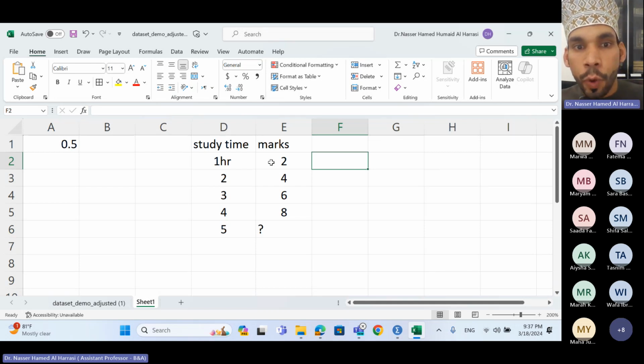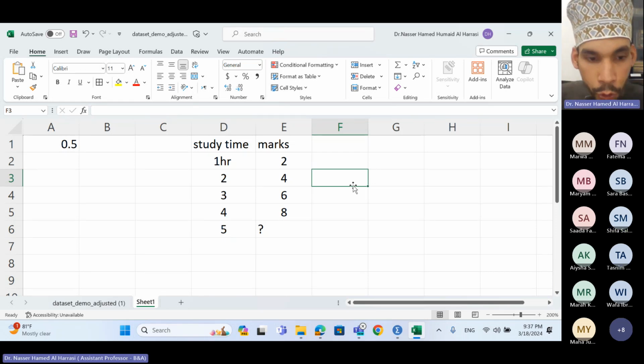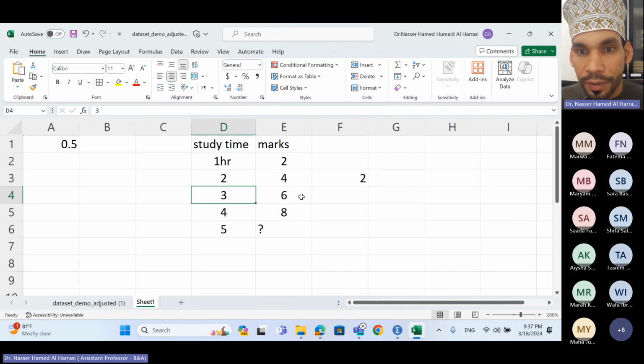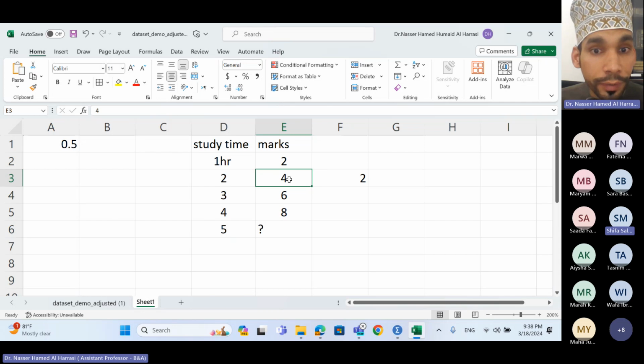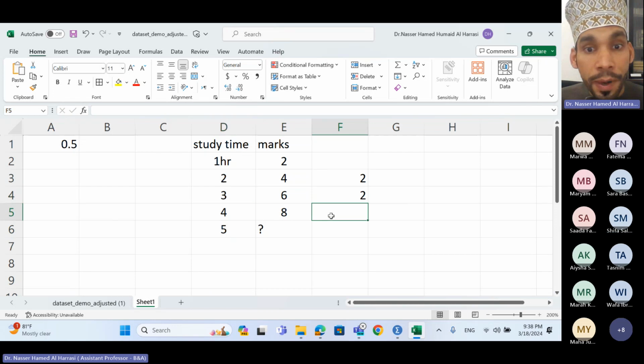Here, if we are studying 1 hour, that means 2 marks. If I'm studying 2 hours, how many marks increase? 2. Then, if I'm studying 3 hours, how many marks increase? From 4, 2. Again, 2. If I'm studying 4 hours, how many marks increase?